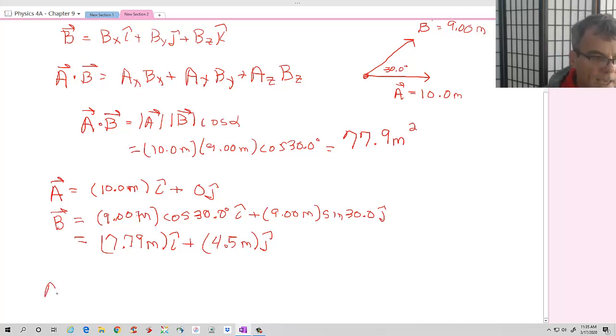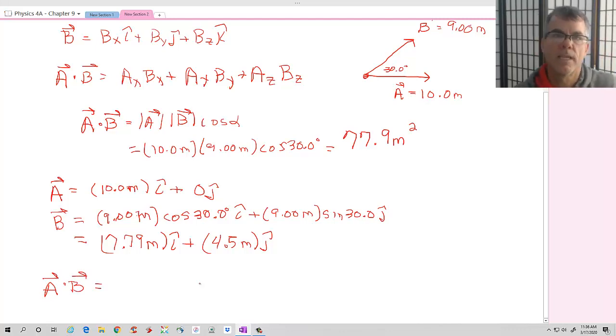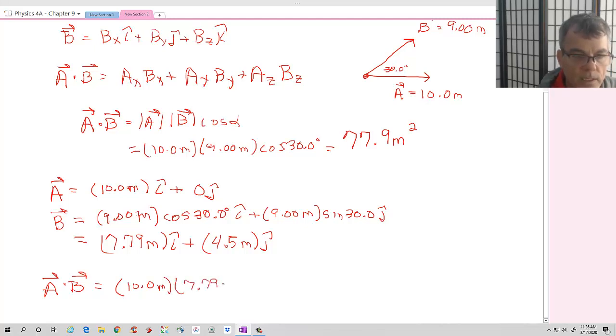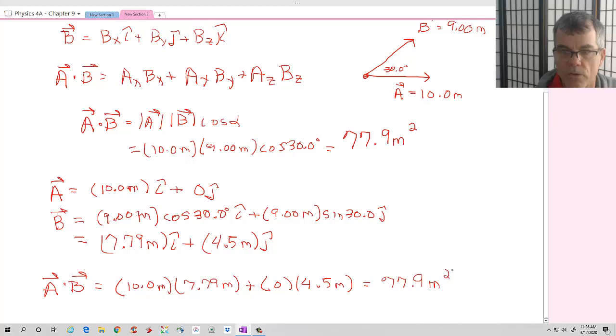So now let's look at getting A dot B by using AxBx plus AyBy plus AzBz. So the x component of A is 10 meters. The x component of B, 7.79 meters, plus the y component of A is 0. The y component of B is 4.5 meters. What you end up getting is 77.9 meters squared.